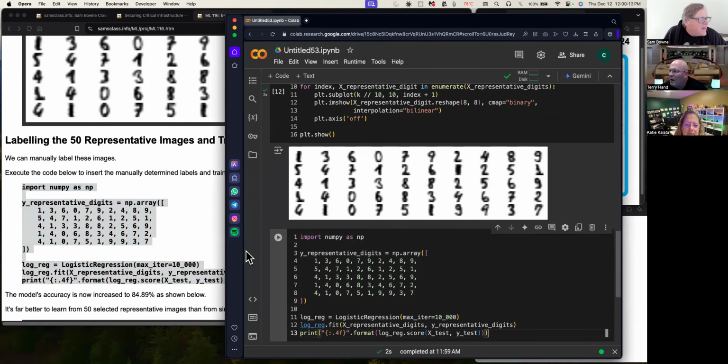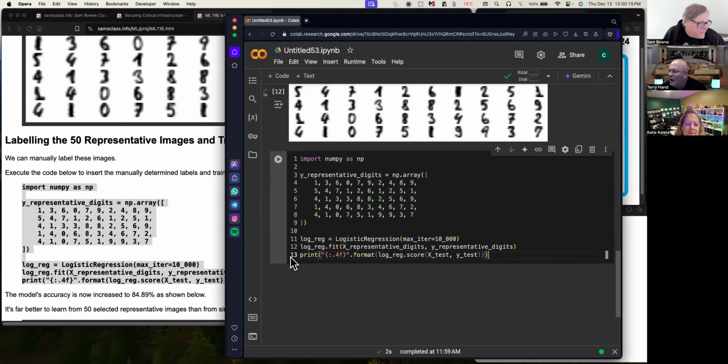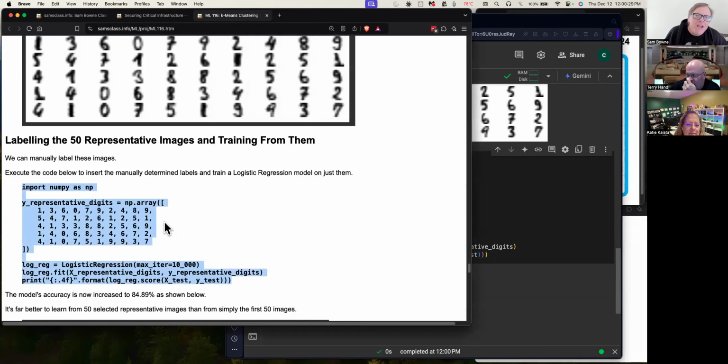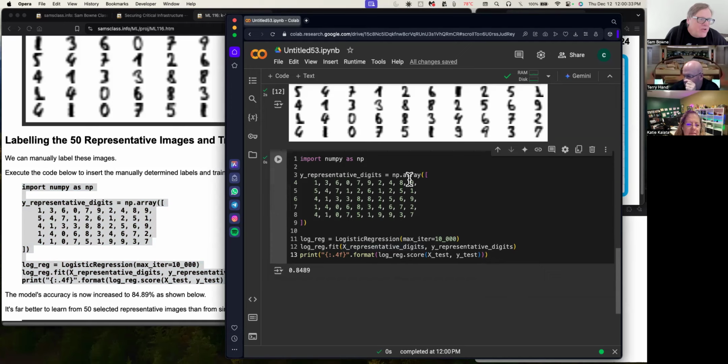And now I can train it on just those 50 representative images. And if I do that, it's now up to 85% instead of 75%. So that's good. But remember, training on all the images gave us 90.3 or 90.5%, so I'm not as good. But what I can do now is go back and propagate these labels. I only labeled 50 of them, but I'm going to find all the images in k-means that are closer to this image than any other and label them all 7, and label these all 2.